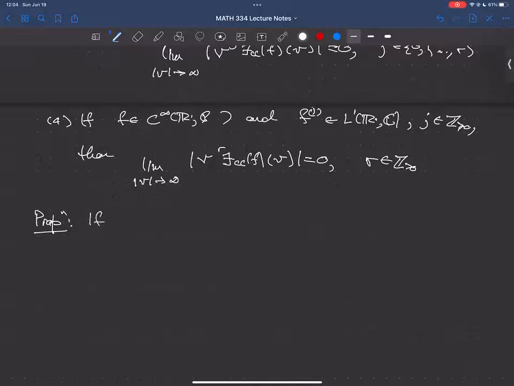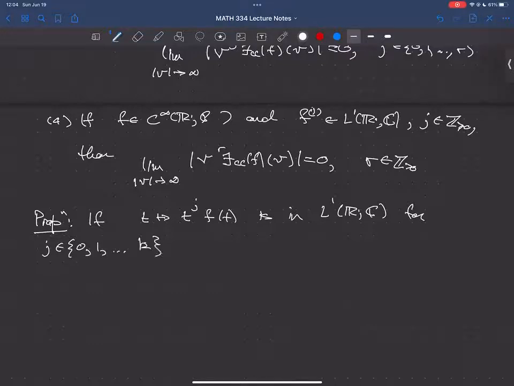So if t goes to t to the j, f of t is in L1 for j going from 0 up to, let's say, some k, then the CCFT of f is k times continuously differentiable.